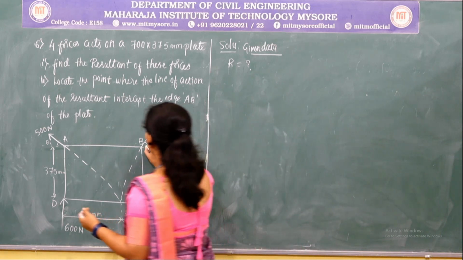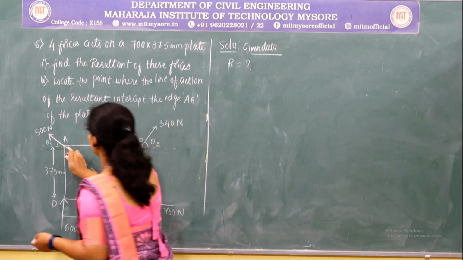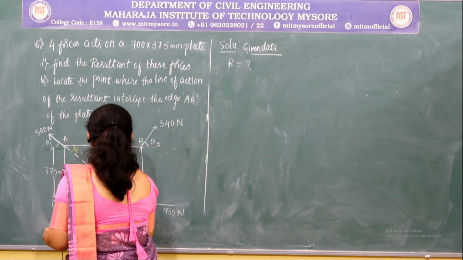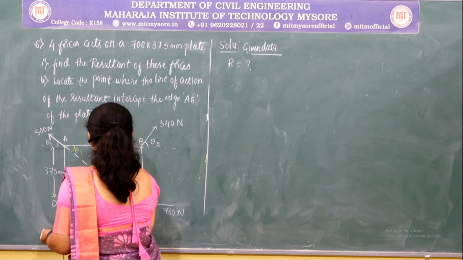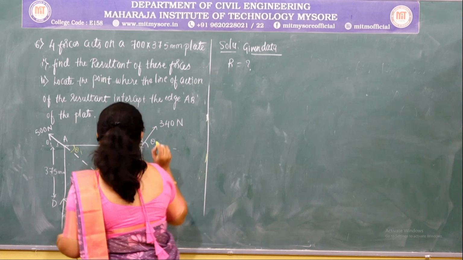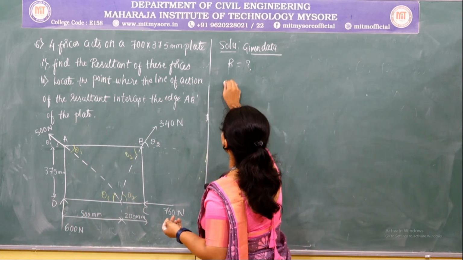So in order to find out the value of theta 1 and theta 2, if this is theta 1, this is also theta 1, so this becomes theta 2. So first find out the value of theta 1 and theta 2.